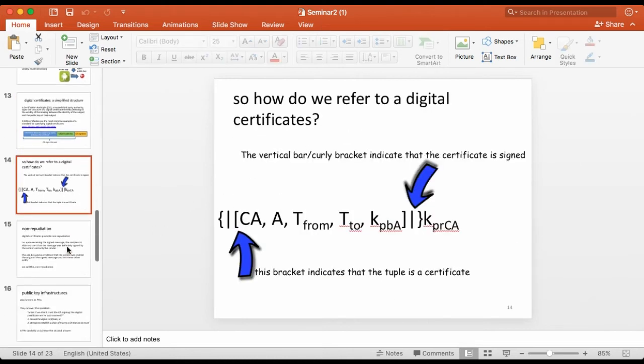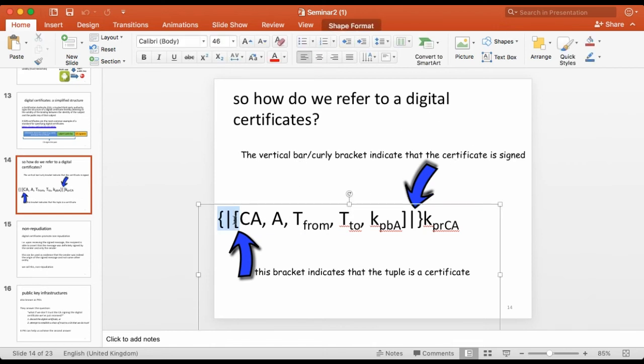In our notation, we will refer to a digital certificate in the following form.